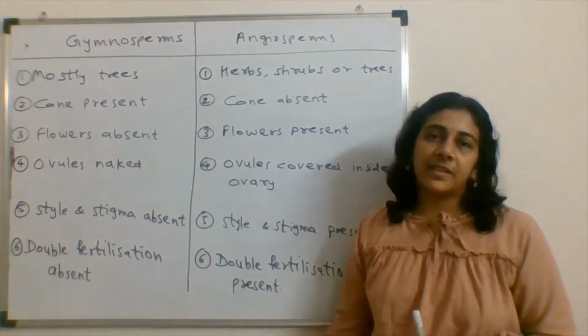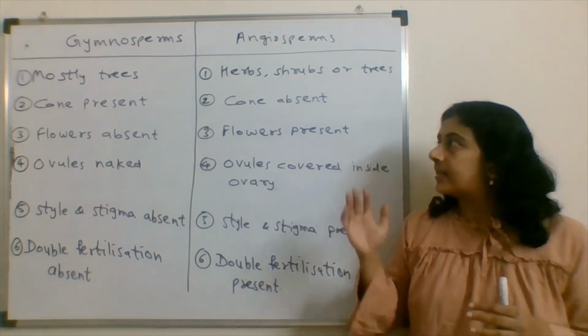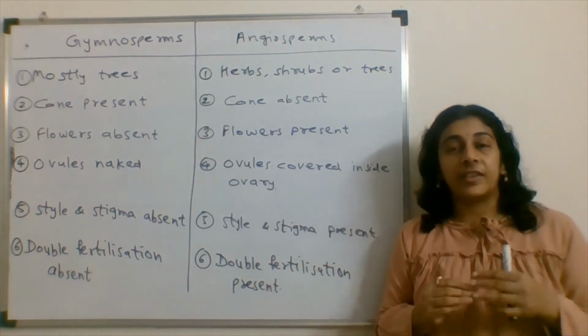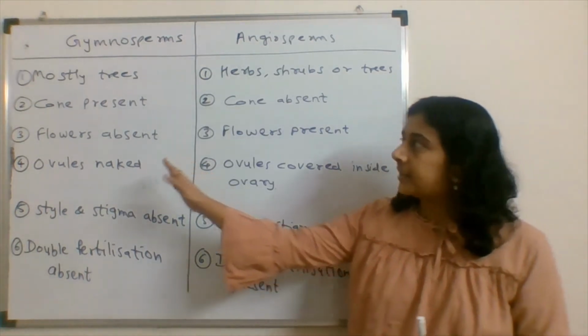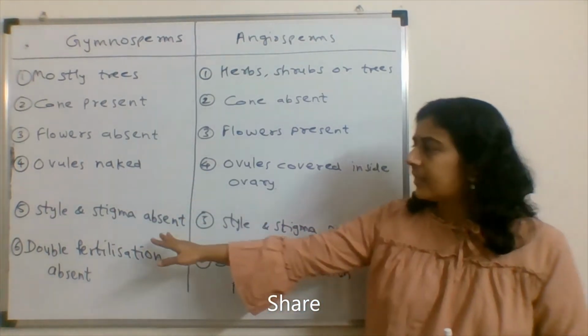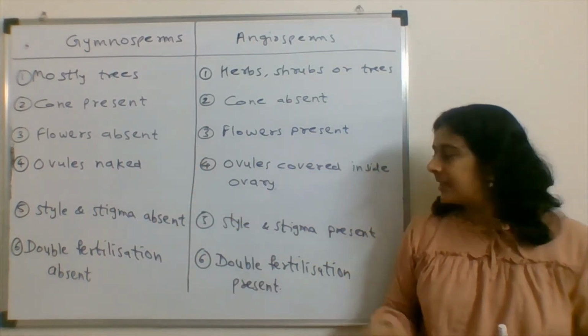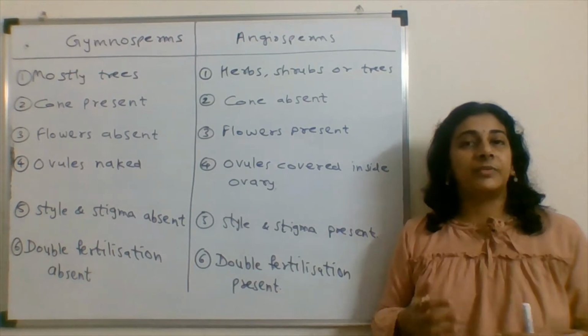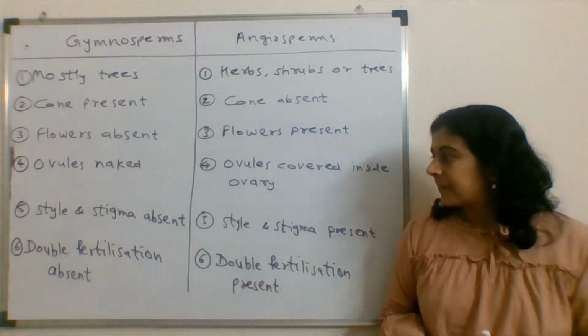Some other differences include that cones are present in gymnosperms, whereas in angiosperms flowers are present and cones are not present. In gymnosperms flowers are absent, and as flowers are absent, style and stigma are absent. In angiosperms, we find style and stigma in the flowers.